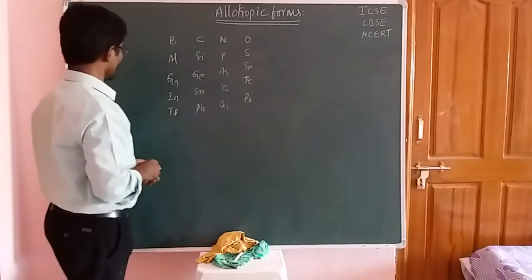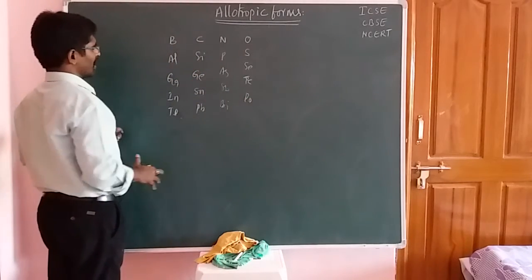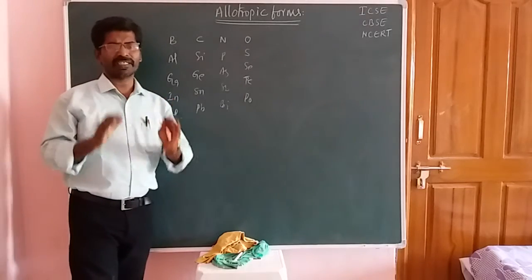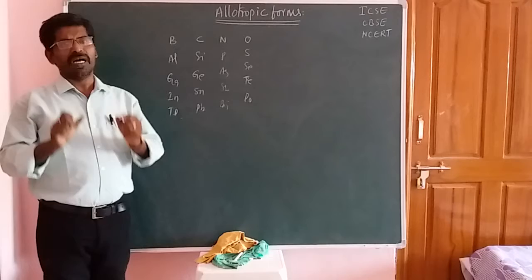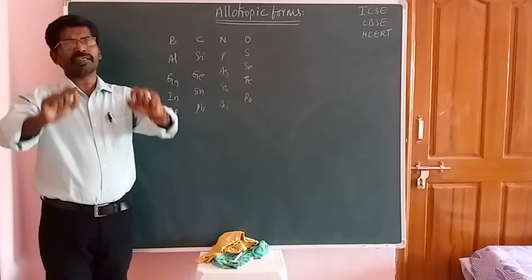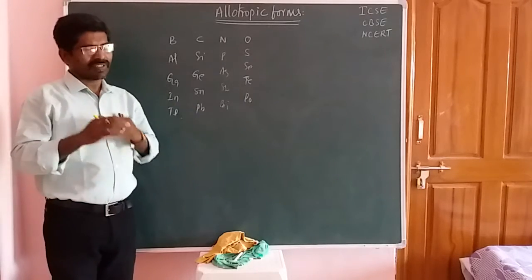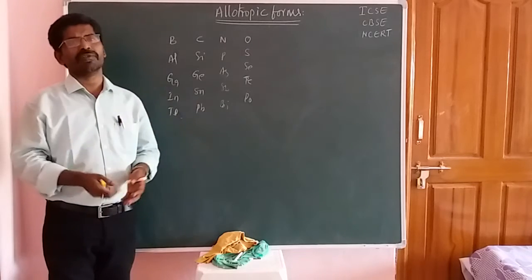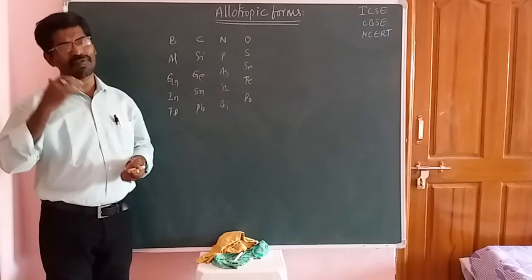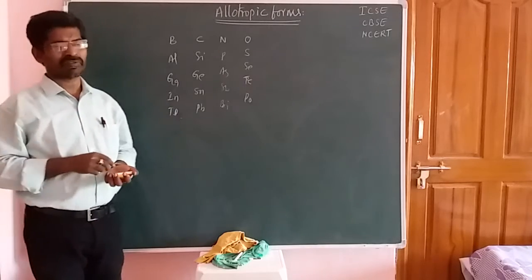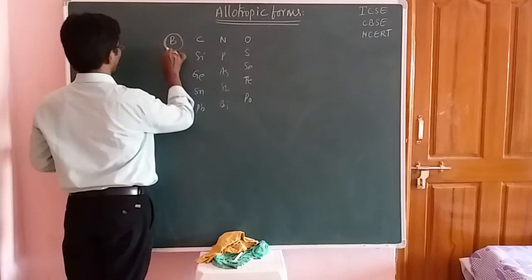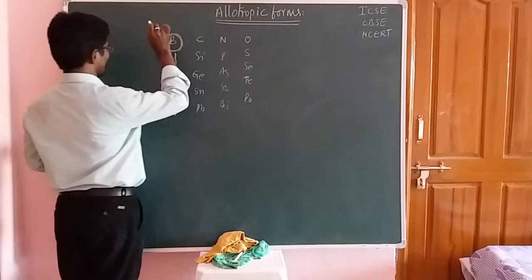Now, in these elements, which elements exhibit allotropic character? First of all we have to identify those elements, then I will discuss the allotropic forms of each particular element one by one. Okay students. In the third A group elements, boron exhibits the allotropic form.